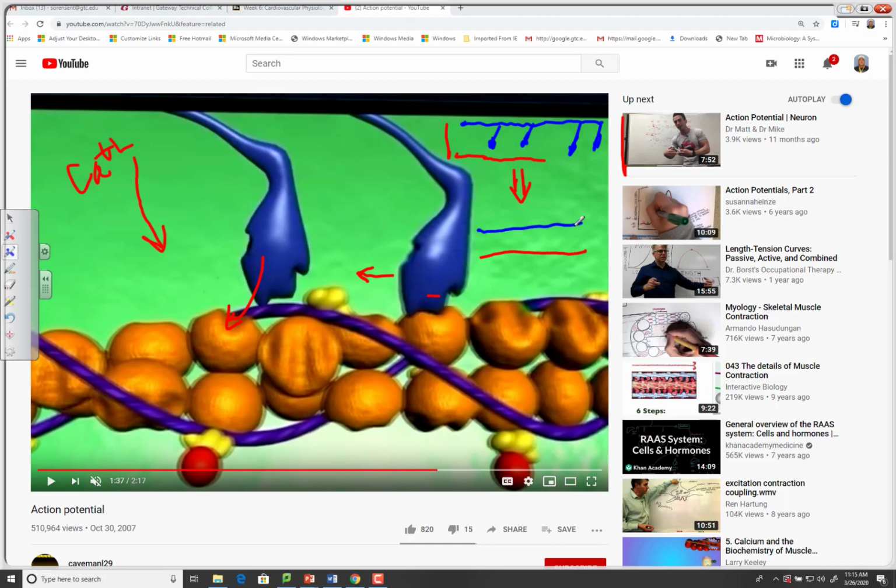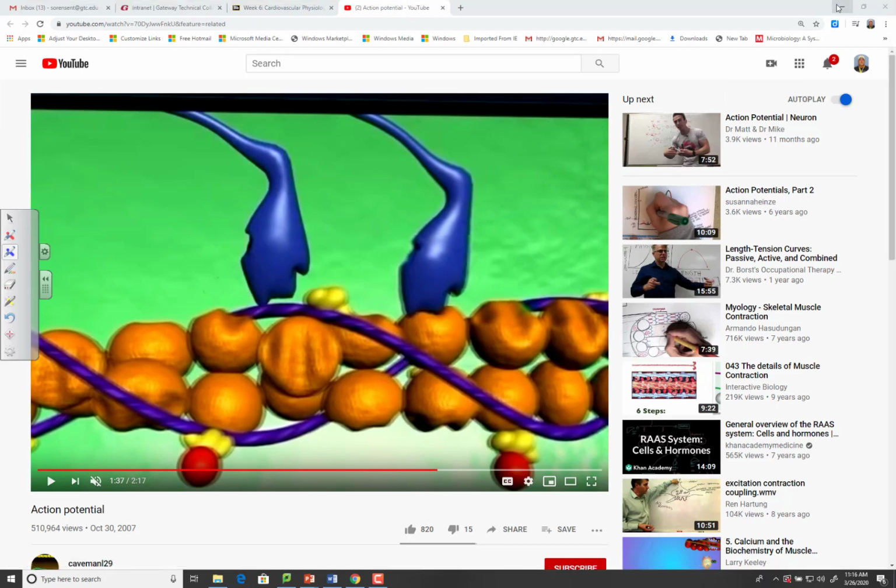And when you line them up better, they're able to make more connections between each other. And the more connections you make between actin and myosin, the greater the force of contraction. So Starling's law applies to skeletal muscle as well, right? So that's a bit on skeletal muscle, its basic composition, and then how skeletal muscle contracts.